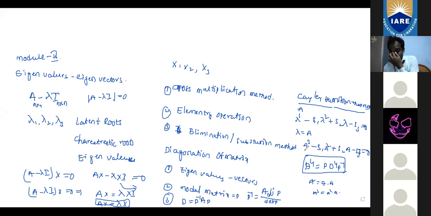Modules 1 and 2 are completely matrices. They are very easy and simple topics, but diagonalization and Cayley-Hamilton theorem problems are time taking, so practice is important in this module.